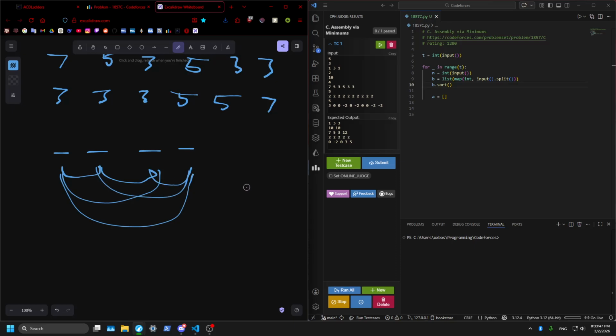Those are the only operations we need to worry about. To get 3, we need the min of these two, so either of these could be 3. To get 3 here, min of these two. This could also be 3. To get 3 here, min of these. This could also be 3.